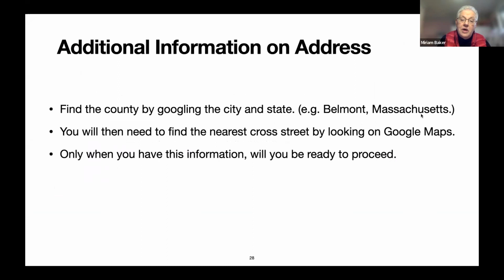Like if I Google Belmont, Massachusetts, I'll find a little thing that says Middlesex. And then you'll need to find the nearest cross street. So you look on Google Maps for the address you're looking at, and then you look at what are the two corners. And only when you have this information are you ready to proceed.